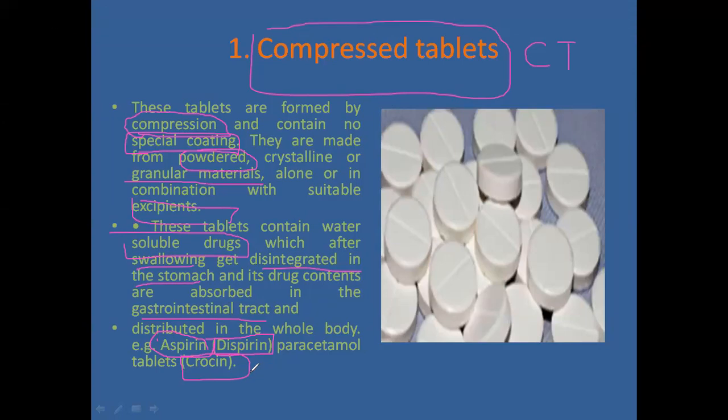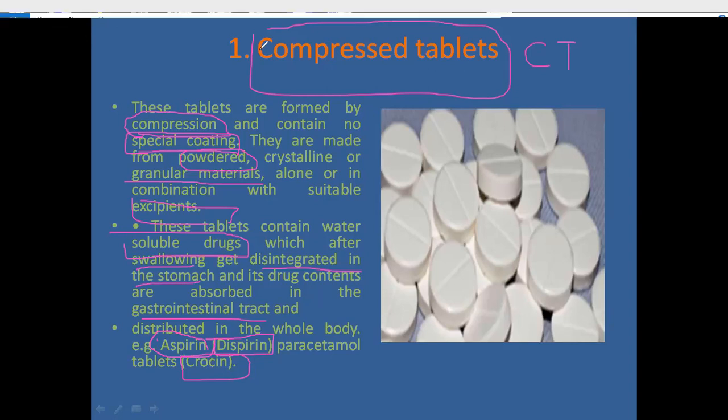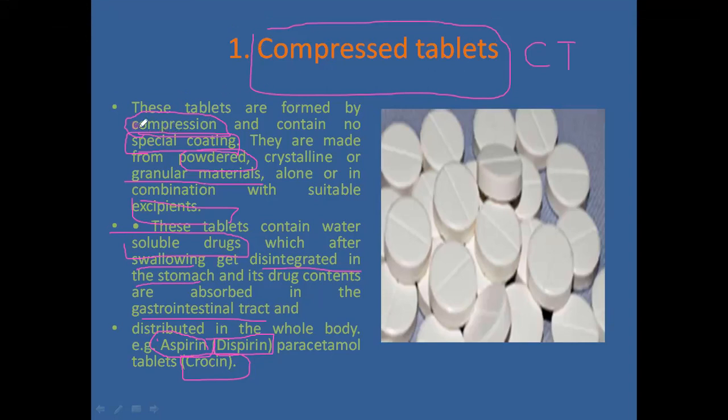Now the point which we have to remember regarding the compressed tablet is that they are prepared with the help of compression. Okay, they do not have any special coating, so no coating is present in the compressed tablet. Fine. Okay, and they contain powders or other material, means the powder in the form of API or the excipients.